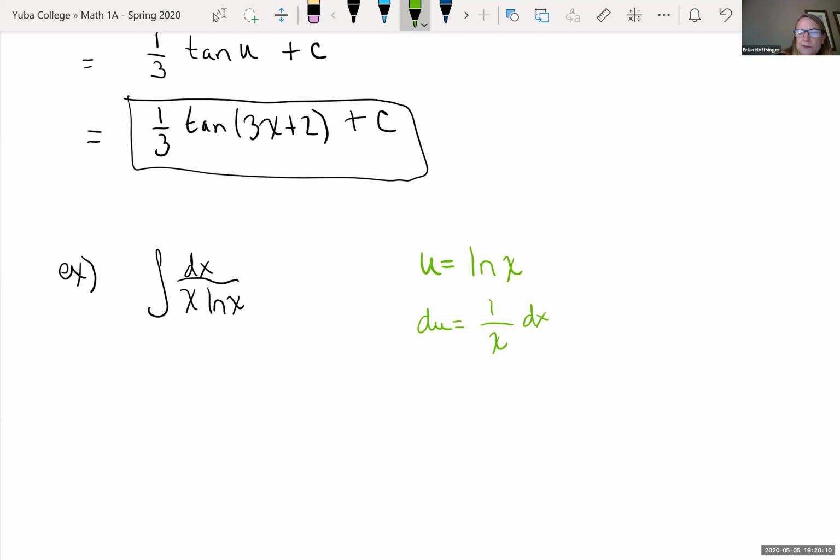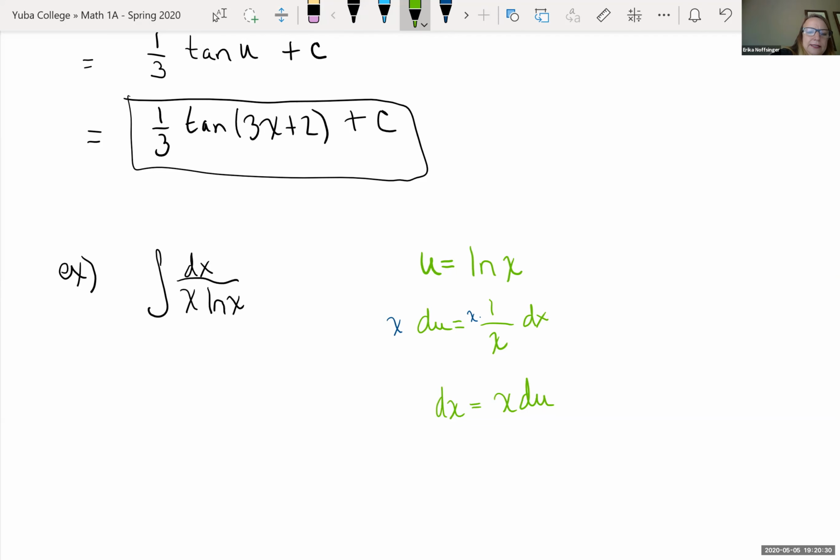So we want to get dx by itself. We can multiply x on both sides of our equation, so we get that dx is equal to x times du.